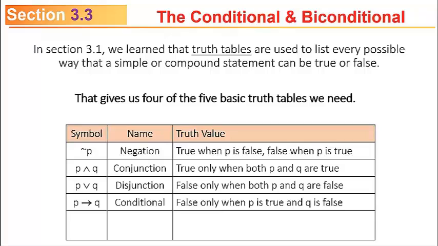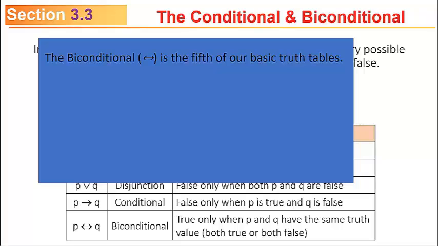Now we're up to 4 of the 5 basic truth tables we will need to complete our study of logic. We started out with the conjunction and disjunction. In section 2, we added the negation. Now we're adding the conditional. The 5th one is called the biconditional. Notice that the conditional is an arrow pointing to the right.